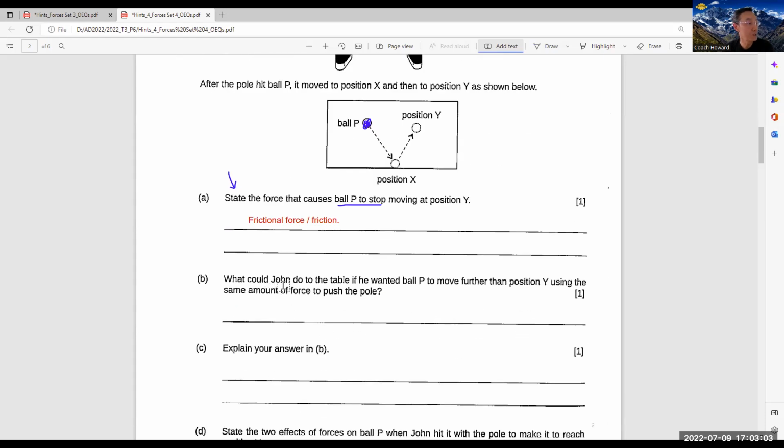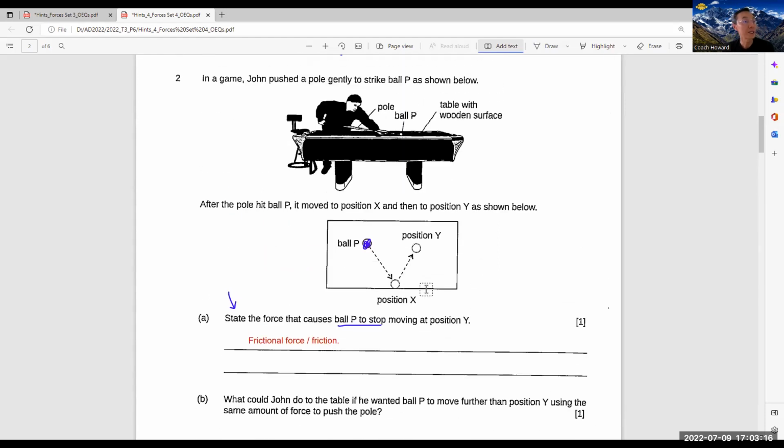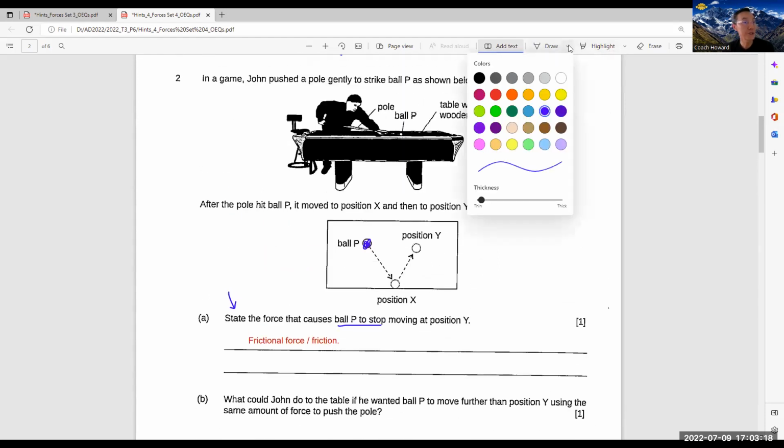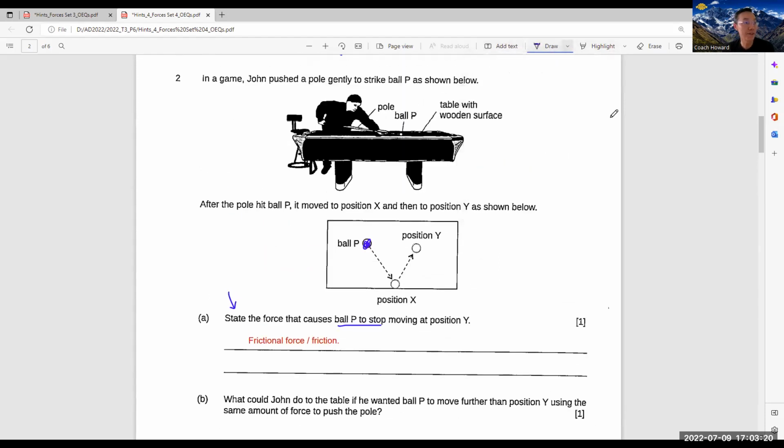Okay, what could John do to the table if he wanted ball P to move further than position Y using the same amount of force? Notice this is an exam question, not real life. In real life, they don't use a wooden table; snooker tables have a thin layer of cloth on them.